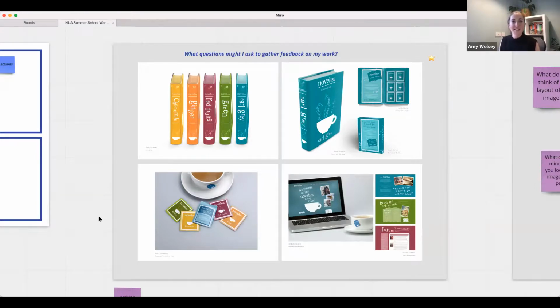If you say, does this clearly show my ideas? We actually call that a leading question in research, because you've used the word clearly. So it basically means that people will quite often go yes or no. So it's a leading question and it's a closed question, because you can answer yes or no. And it's the same for, do you like this?